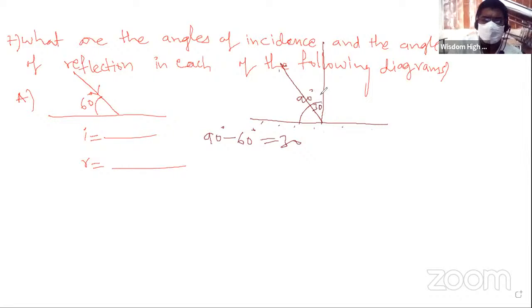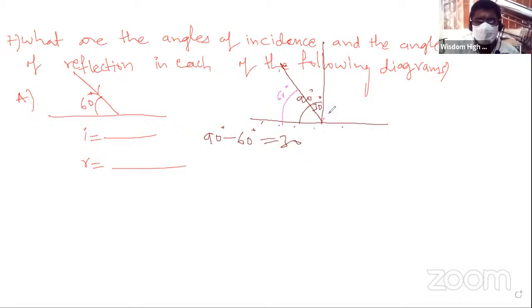Here 30 degrees. Total 90 degrees, from that we subtract the 60 degrees already given, so the remaining is 30 degrees. So the angle of incidence equals 30 degrees. Reflection, how much?